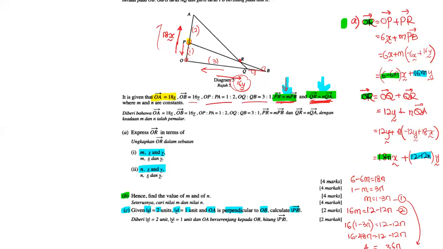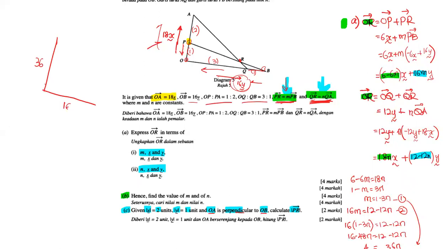So what it is trying to say is the magnitude here is 36 unit. And then magnitude y here is 1. That means this one is 16 unit. OA is perpendicular to OB.